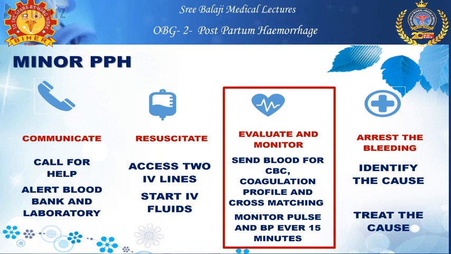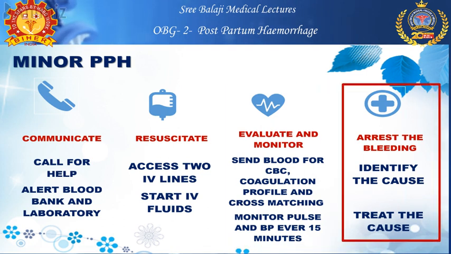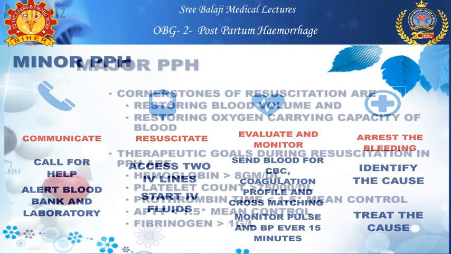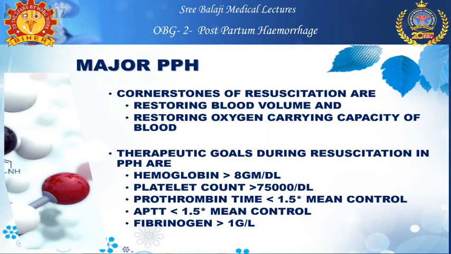Send blood for complete blood count, coagulation profile and cross-matching. Monitor pulse and BP every 15 minutes. Every step should be taken to identify the cause of PPH during resuscitation, and the cause should be treated to arrest the bleeding.